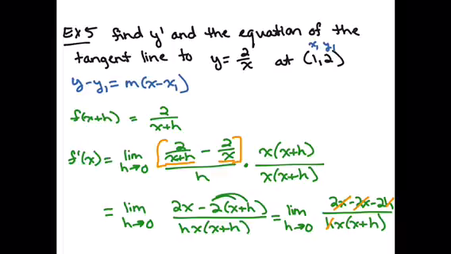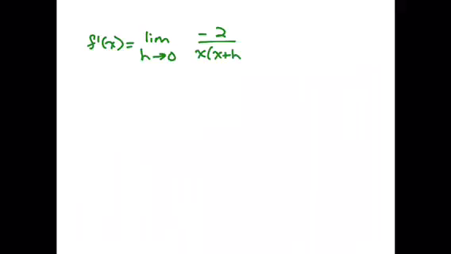So what we end up with is the derivative is the limit as h goes to 0 of negative 2 over x times x plus h. We plug in a 0 for that h and we get negative 2 over x squared.